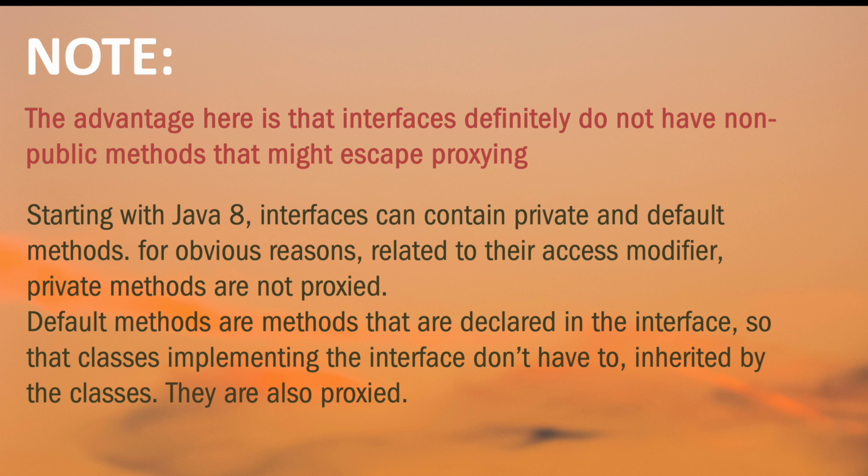If you declare a default method in an interface, you don't need an implementation for it. The classes implementing that interface will not need to override that method. It's inherited by those classes, and those default methods are proxied. But the private ones in the interface are not proxied.